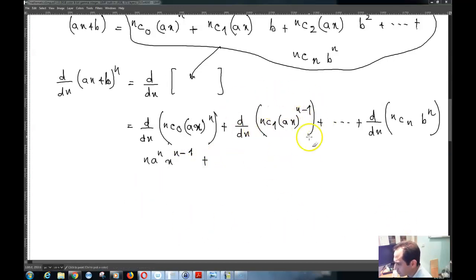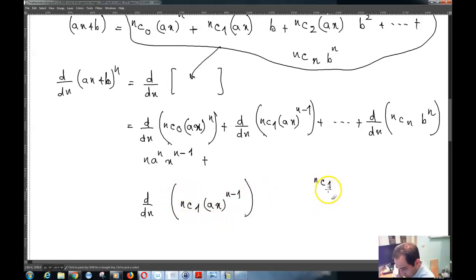Then I have the derivative of this thing over here, which is n combination 1, for example, ax whole raised to the power n minus 1. Now n combination 1 is again n factorial over, for example, n minus 1 factorial times 1 factorial, right?